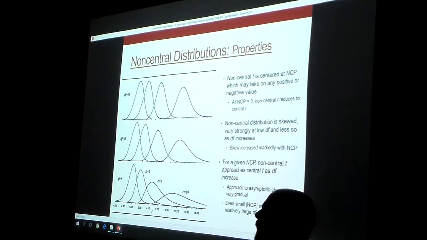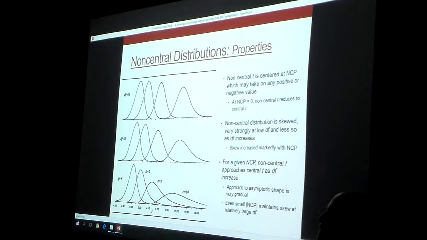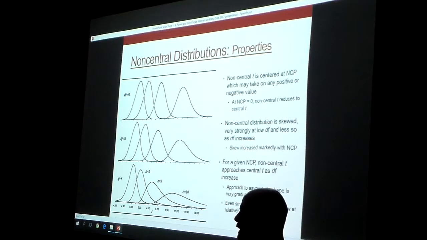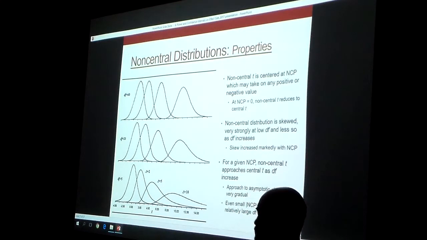Right. So if I have an effect size of 0.8 and an effect size of 0.3, all things being held equal, which non-central t is going to be more skewed? The effect size of 0.8 or the effect size of 0.3? The effect size of 0.8.